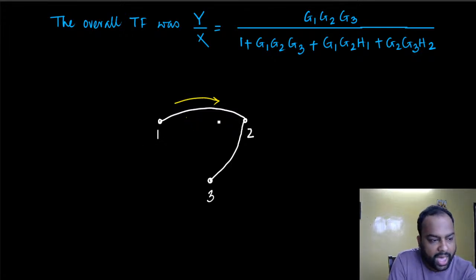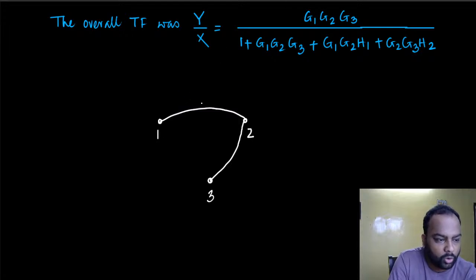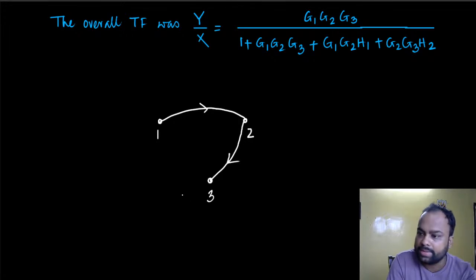But it could so happen that this road that I have drawn is directed. So you can only go from city 1 to city 2, but you cannot come back, for example. You can only go from city 2 to city 3, you cannot come back the same way. So if I draw examples like that, then what we have is a graph, right?